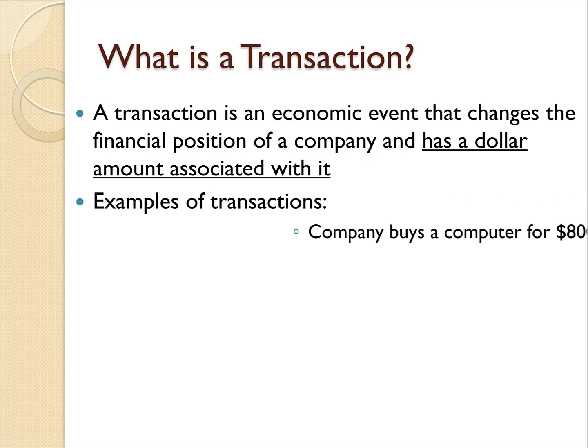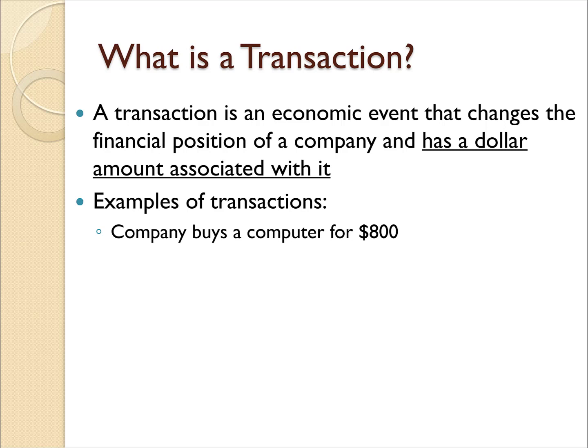Your company might buy a computer for $800. So you would need to keep track of that in your financial records for the business because it affects cash and it affects our equipment account. We now have a computer. Another common example of a transaction is the company gets a $2,000 loan for furniture.